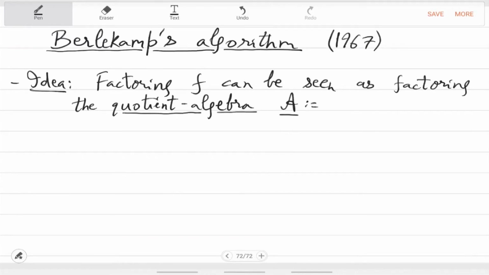So this quotient algebra A is F_q[x] mod f. To understand this quotient algebra, apply Chinese remaindering. What do you get?